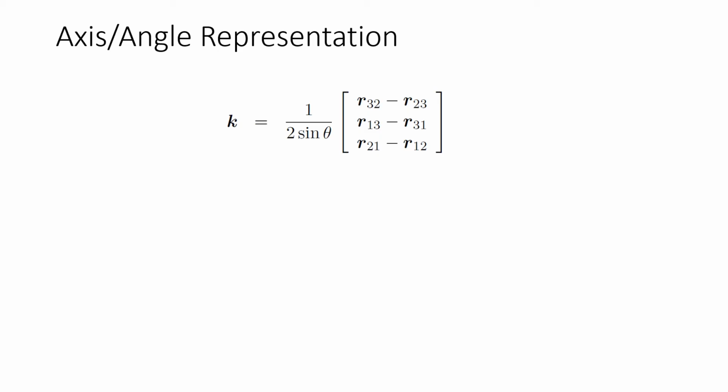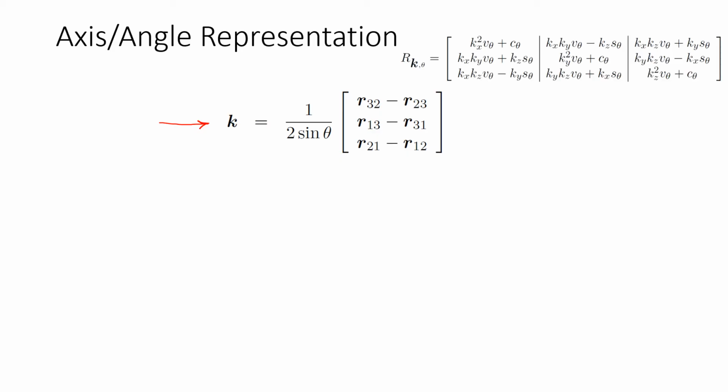The second expression that I would like to present over here is the expression for the vector k itself, obviously using the rotation matrix that we have derived already, which is this. Now in this particular scenario, you can see that the vector k is going to have 3 components.